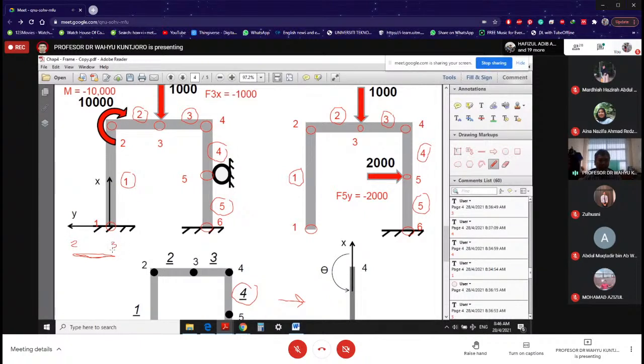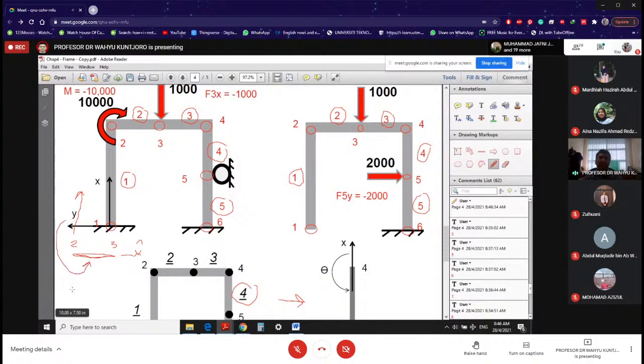I decide positive X local is going to be in that direction, and global is, of course, going up. That is our X global. Then the theta is measured from positive X global to positive X local, like that.